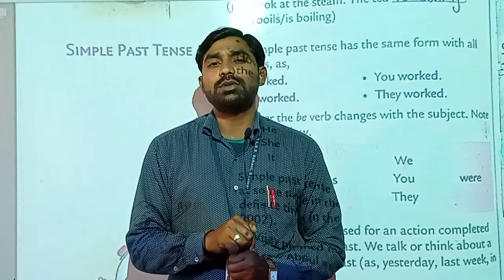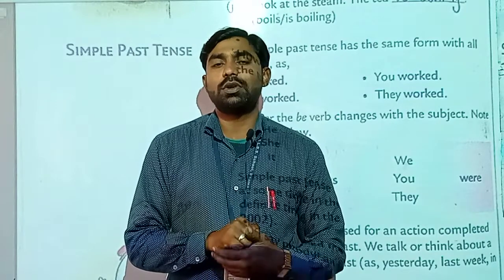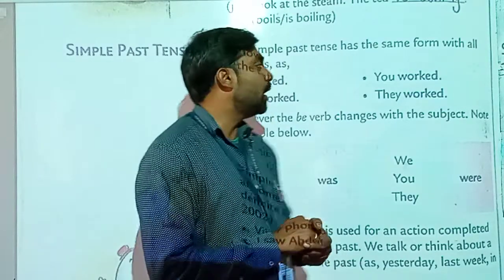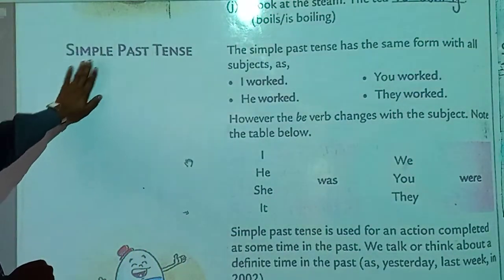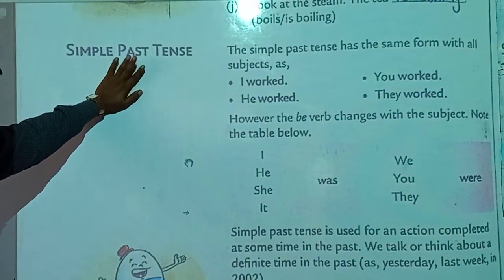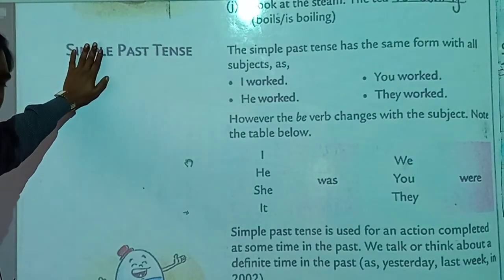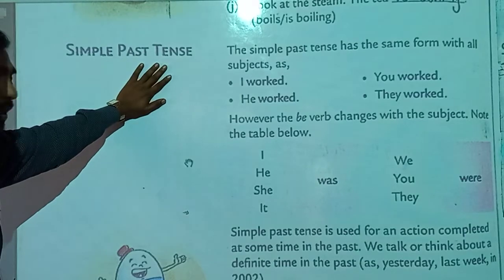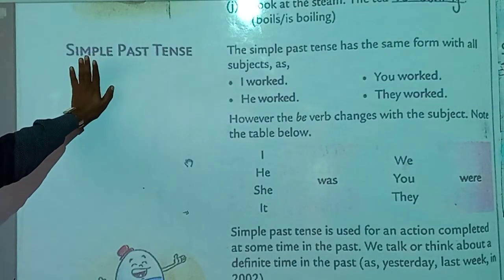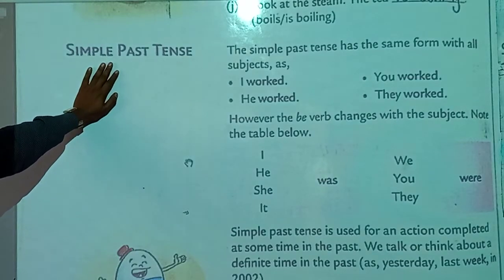Now students, after solving the exercise, we are going to the next form of tense, that is simple past tense. Now let's learn about it. Simple past tense. We learn as we did simple present tense. In the same way we have to use simple past tense here.